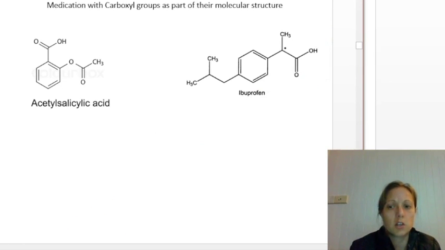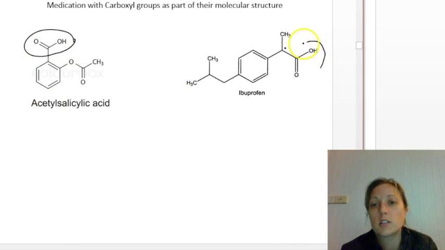Alright, so let's take a look at an application of where we want molecules to be soluble. So we've got two examples here of over-the-counter drugs, so salicylic acid, which you know more commonly as aspirin, and ibuprofen, which is a main ingredient in something like Nurofen. And we can see in both of these we have the carboxylic acid group, so we've got the carboxylic acid group here and here.